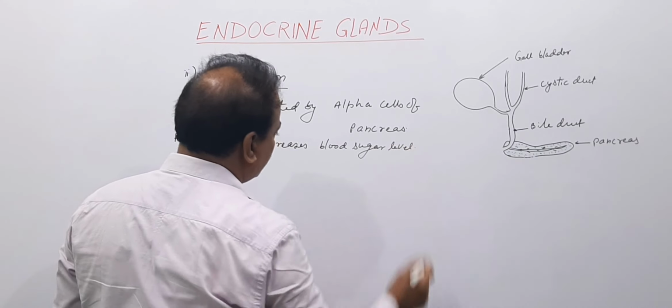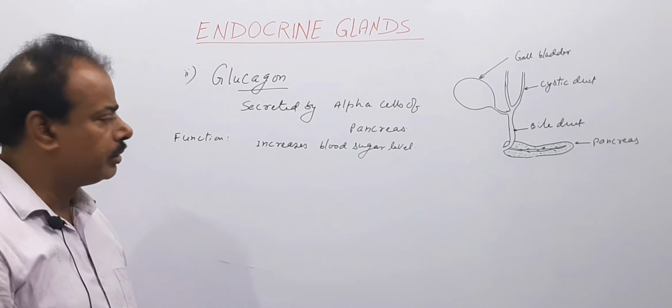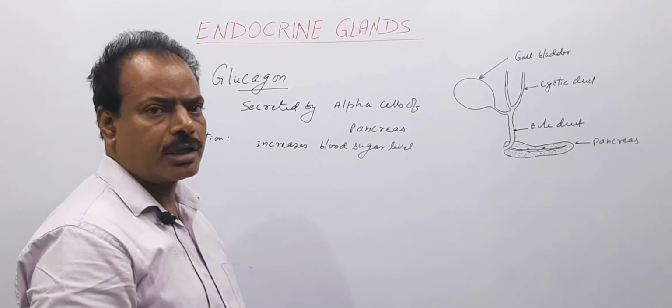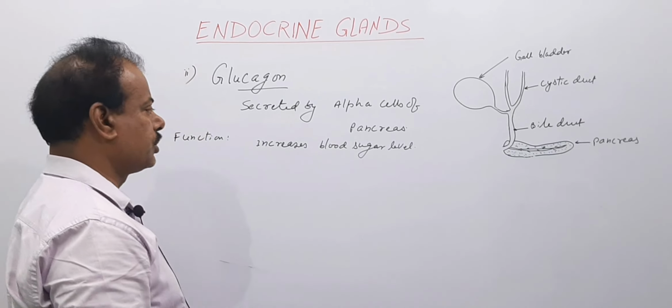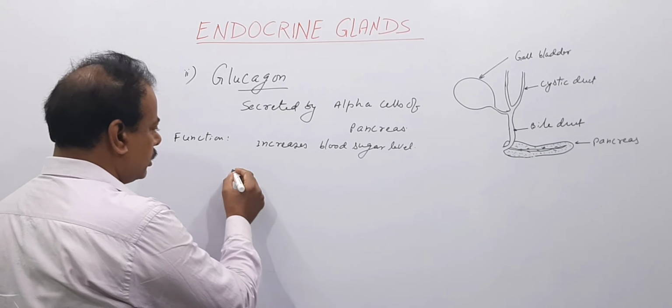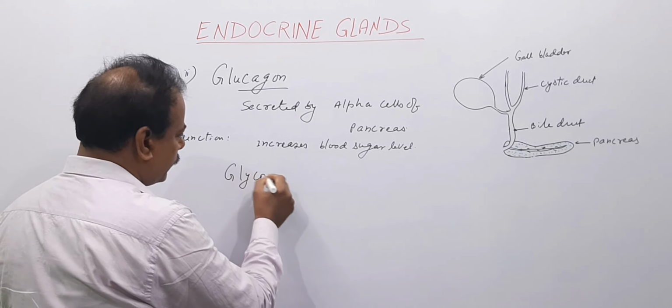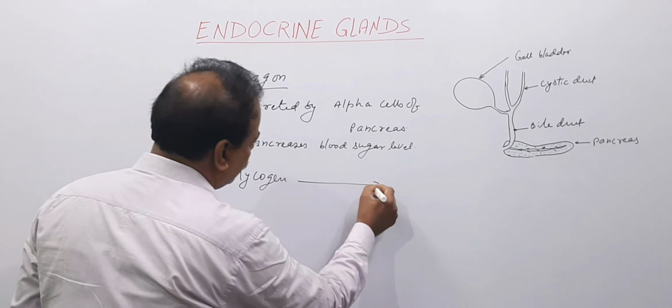It stimulates liver cells and muscle cells for the conversion of glycogen into glucose.